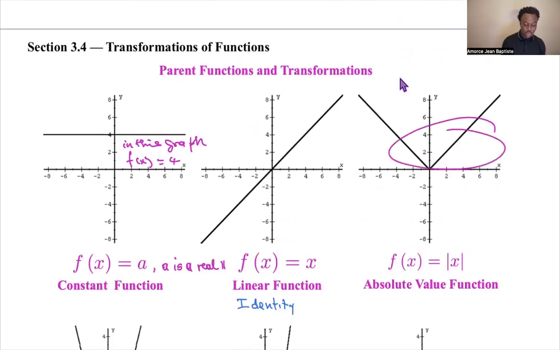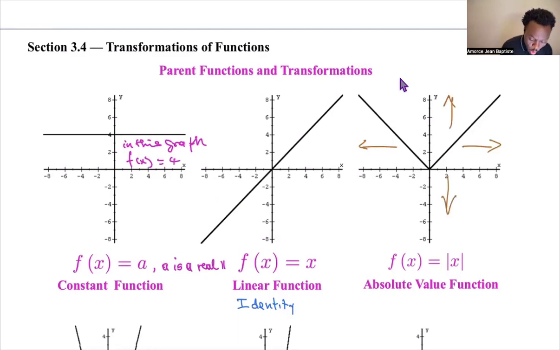Well, obviously, when you transform, you would get a V that is being transformed, that can be closer to the y-axis, closer to the x-axis, move to the left, move to the right, move up, move down. All of these will be considered transformations.